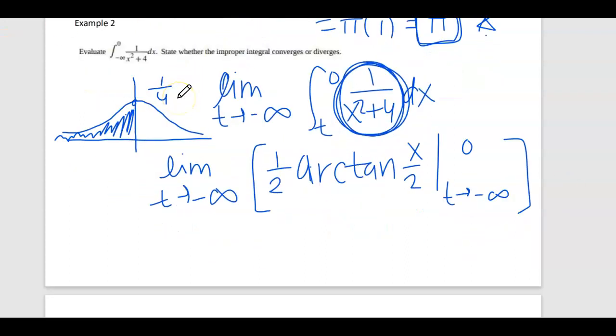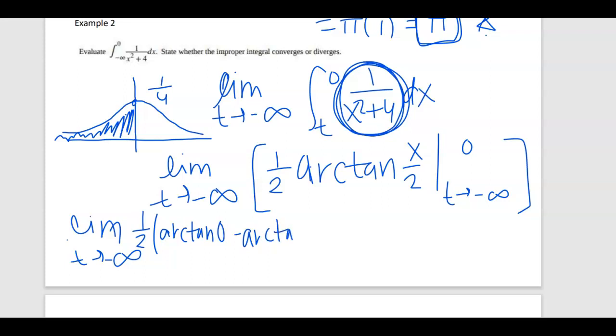All right, so we will have the limit as t goes to negative infinity of 1/2, and then we'll plug in 0: arctan of 0 minus arctan of t.